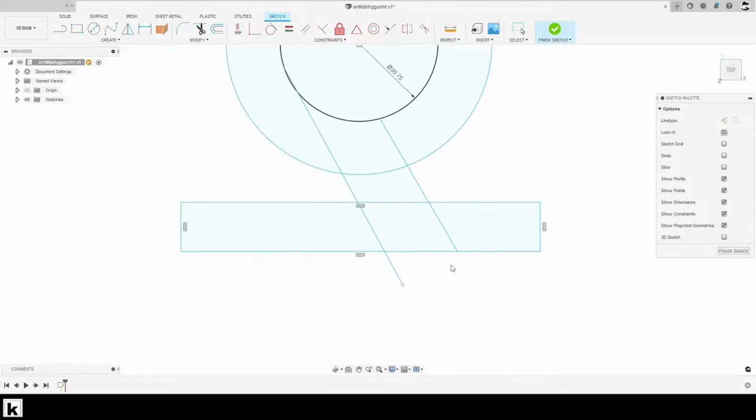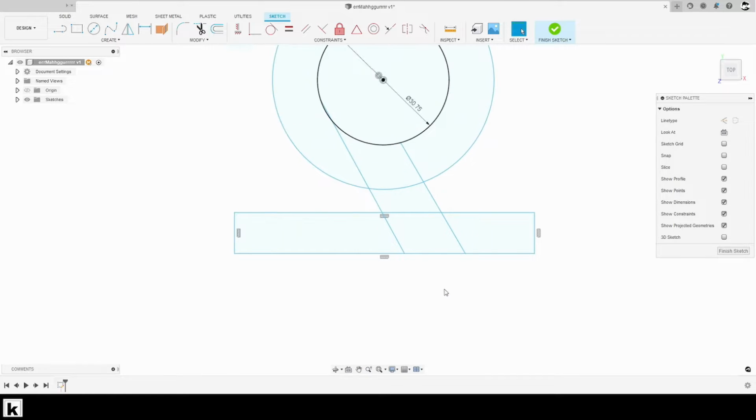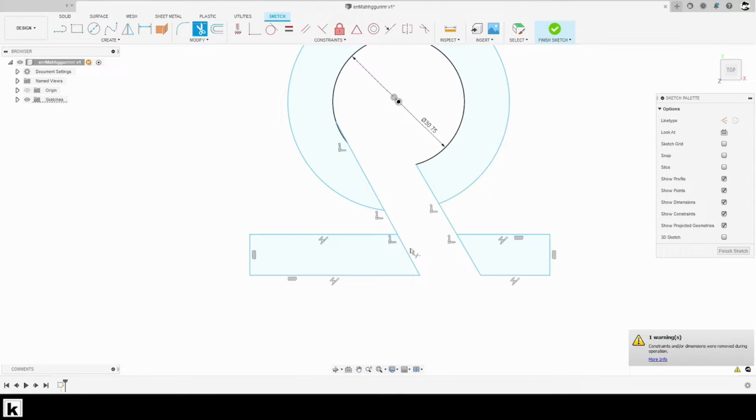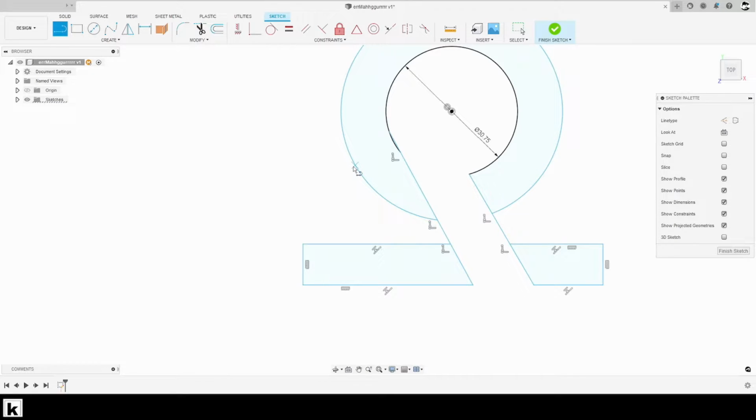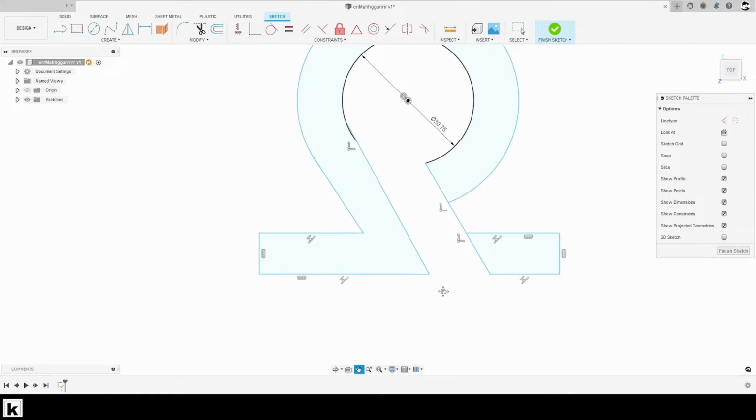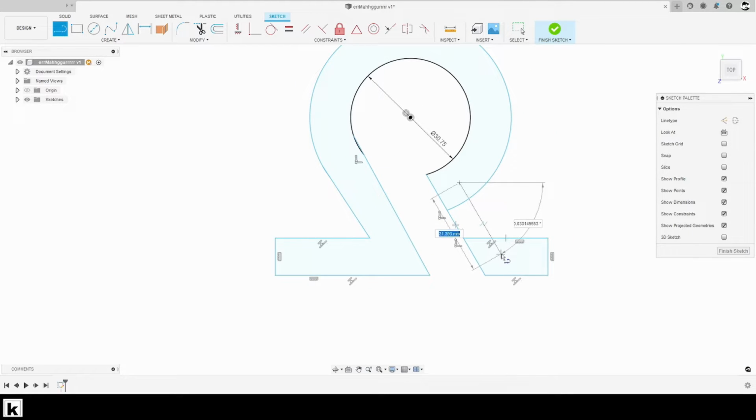Something like that. Okay. And we can trim a few things here just to kind of get things in order. And then let's make this here as well. Something like that.